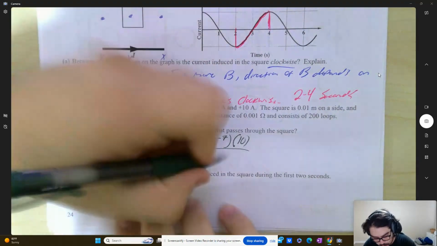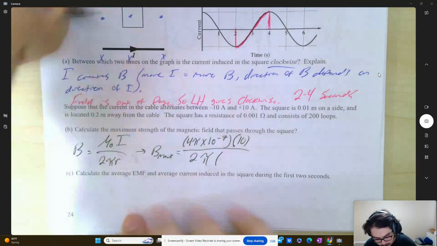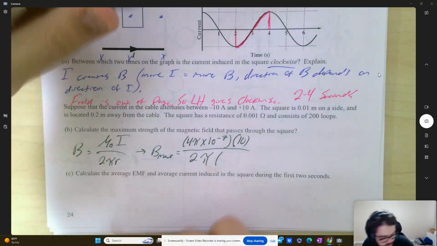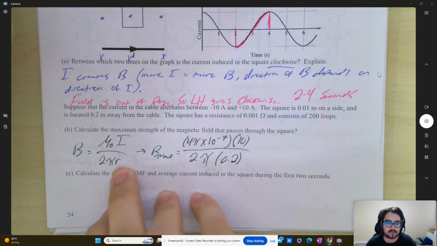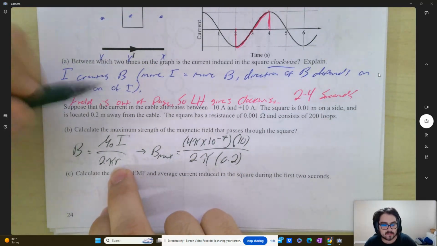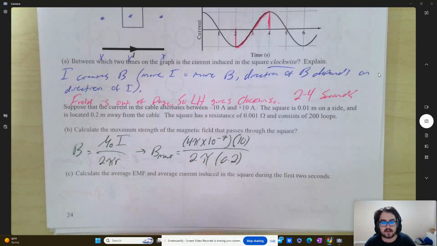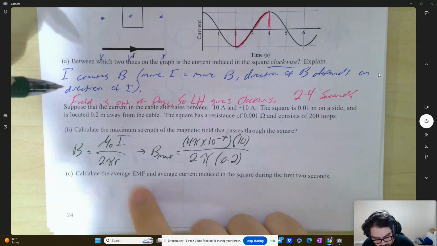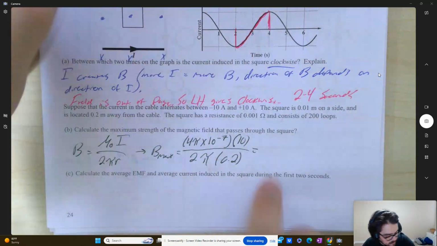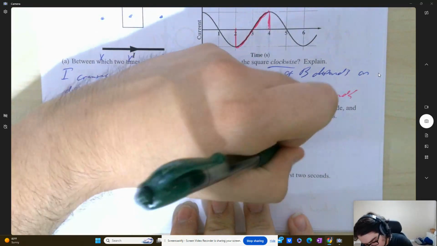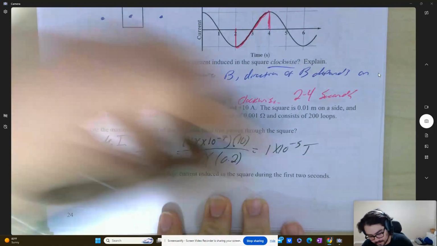Over 2 pi, and then r is going to be 0.2. That looks like radius, but it's actually the distance from the wire that we're measuring at. Then we would calculate that out, and you should end up getting 1 times 10 to the negative fifth Teslas.